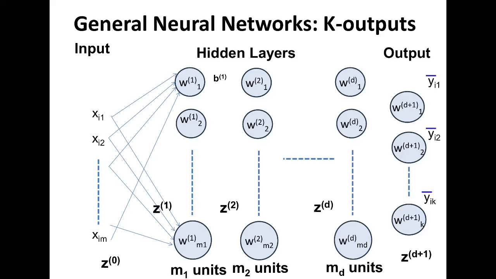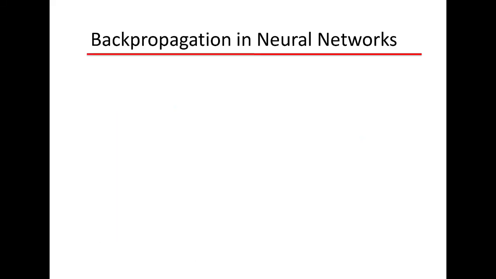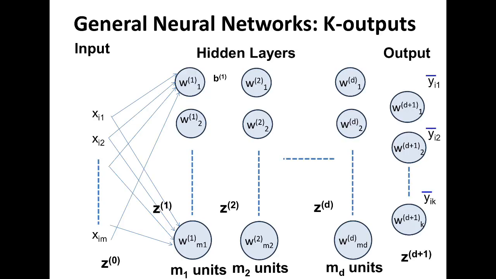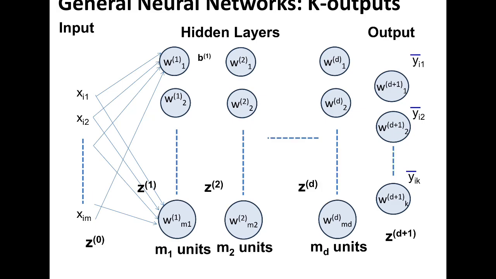Fine. So, yes, how do we do backpropagation in neural networks now? Now we have all the machinery to actually compute the backpropagation, and it turns out to be a very simple formula. So I have these inputs x1 to xm. We can call it z0, z superscript 0.